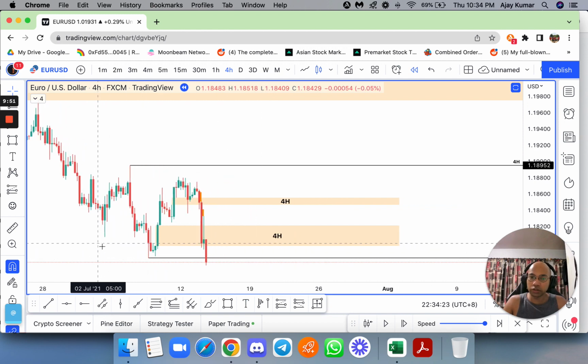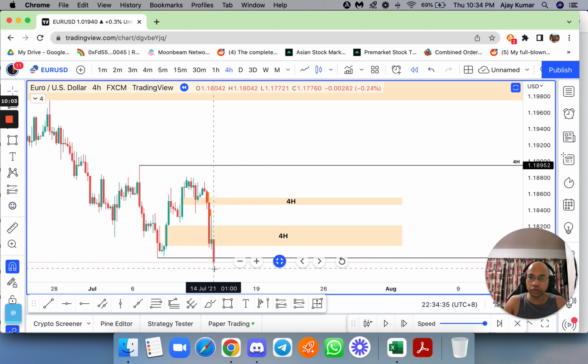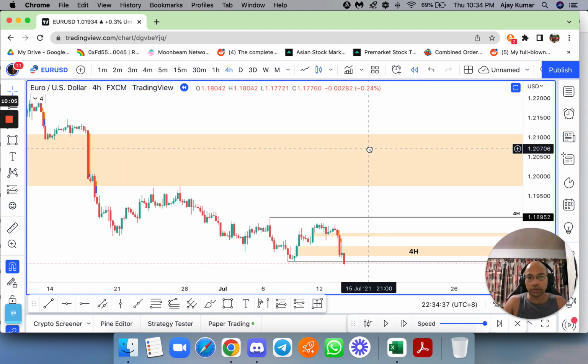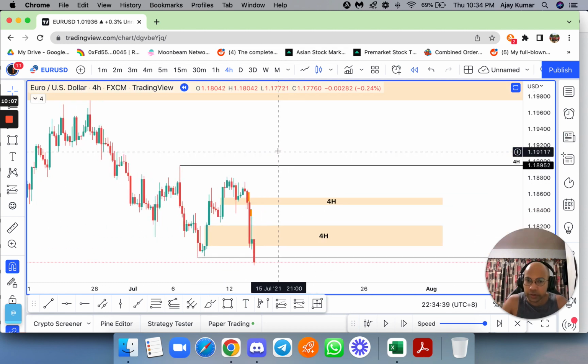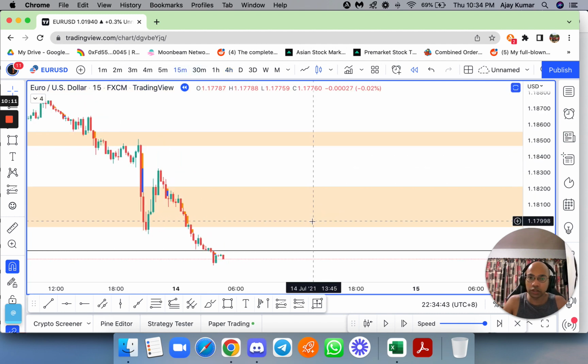But as you can see, there's a candle body close below the pivot. So it is quite possible that price might just continue to go down from here. Anyways, I'll still switch to the lower time frame to see.